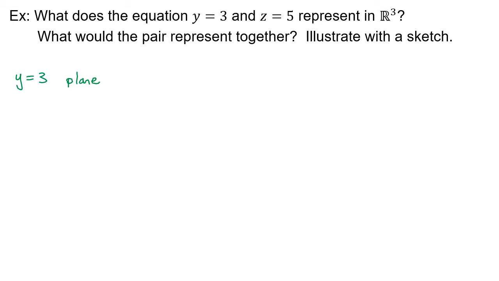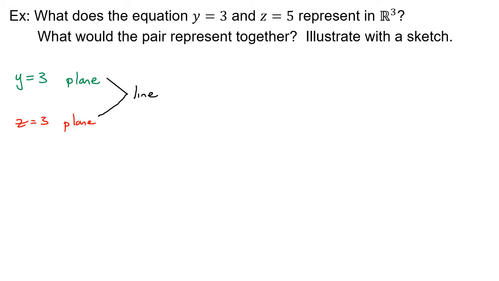Whereas z equals 5 would be a plane that cuts through z equals 5. You put them together, and what you end up with is 2 planes that intersect. 2 intersecting planes is one definition of what a line is.